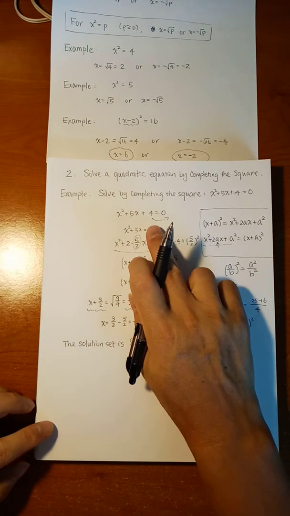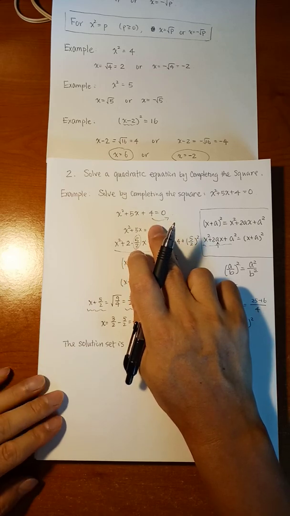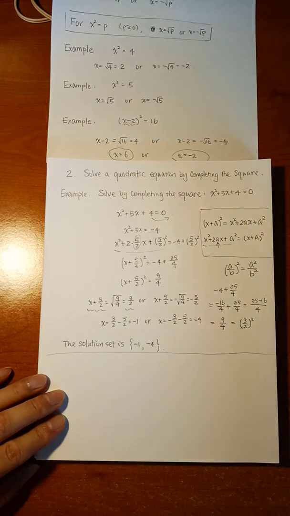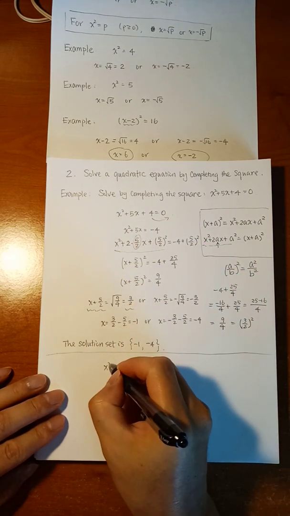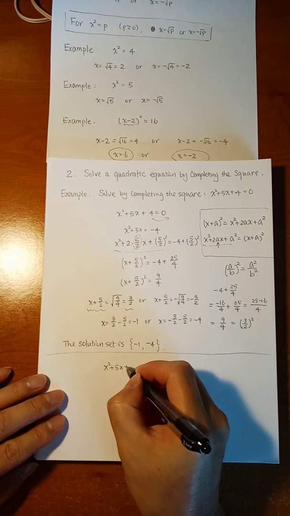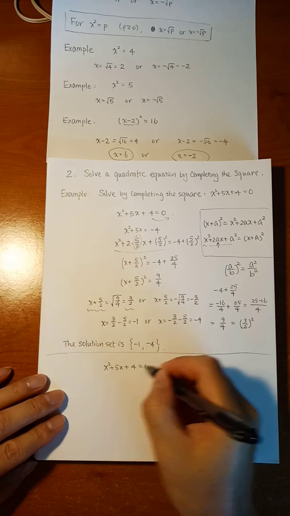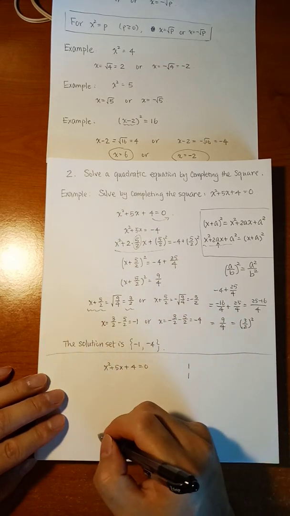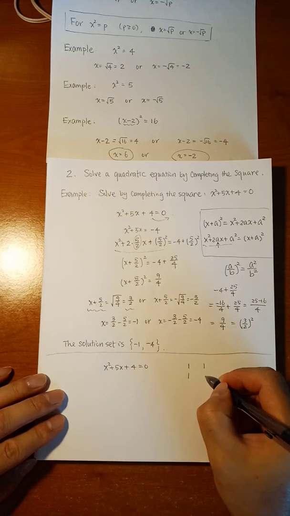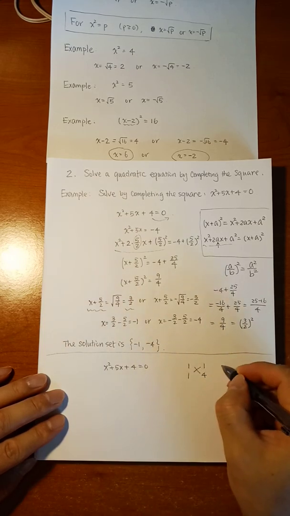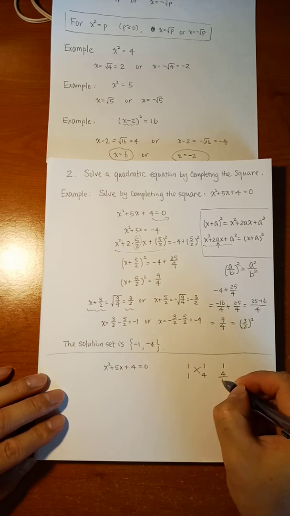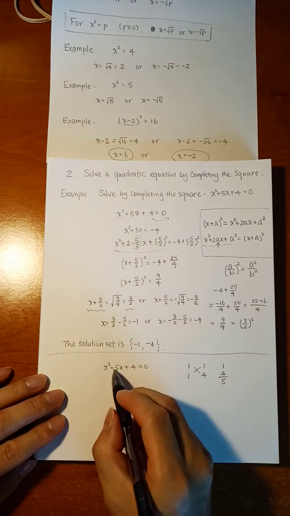By the way, this one we can factor. So x squared plus 5x plus 4 is equal to 0. The coefficient of x squared is 1, so you factor it as 1 times 1. 4, you factor it as 1 times 4. You do the cross multiplication. 1 times 1 is 1, 1 times 4 is 4, so the sum is 5. That's exactly this 5.